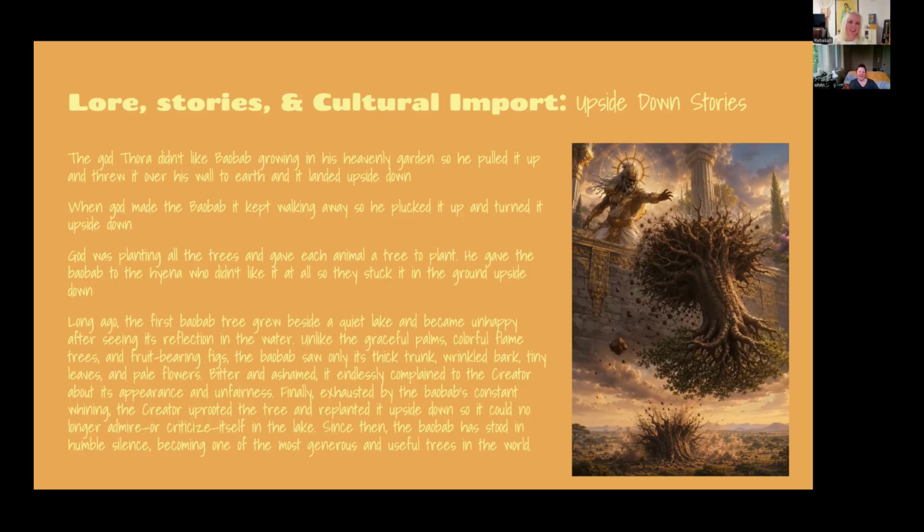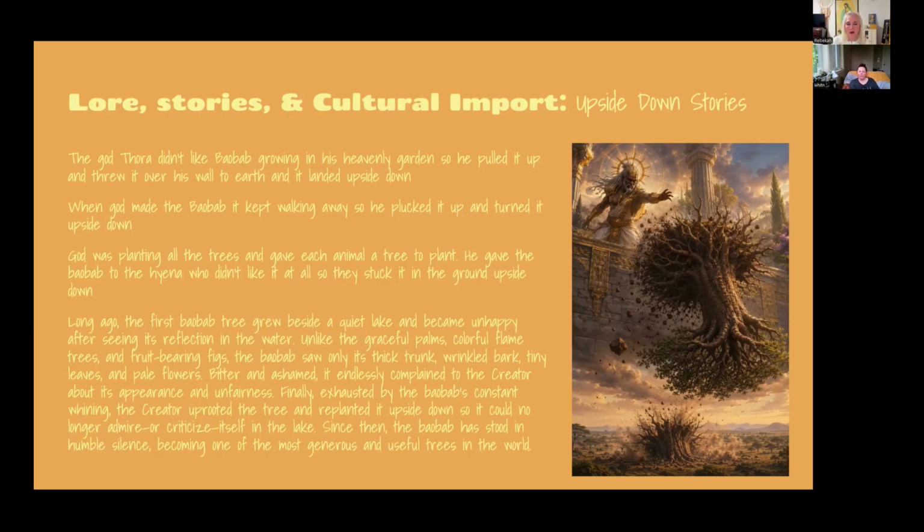Once upon a time, long ago, the first baobab tree grew beside a quiet lake and became unhappy after seeing its own reflection in the water. It wasn't like the beautiful palm trees or the colorful flame trees or fruit bearing figs.